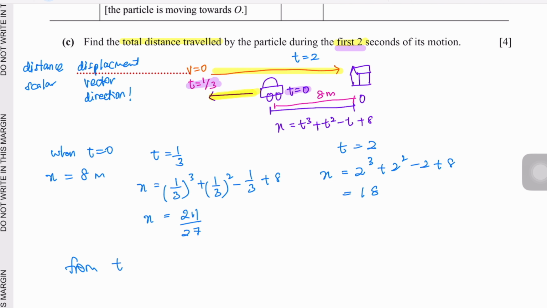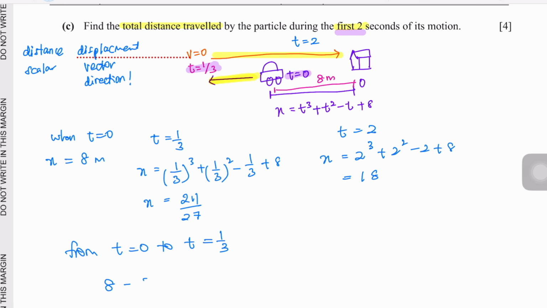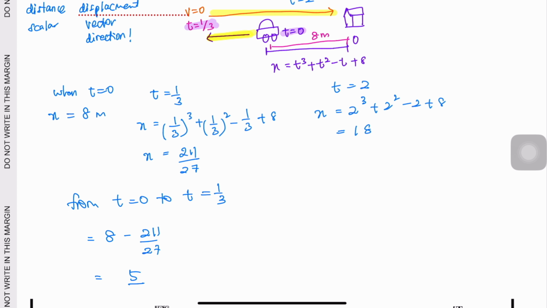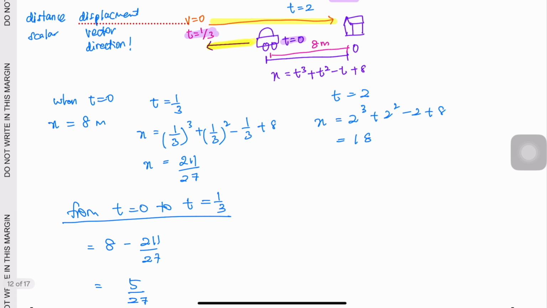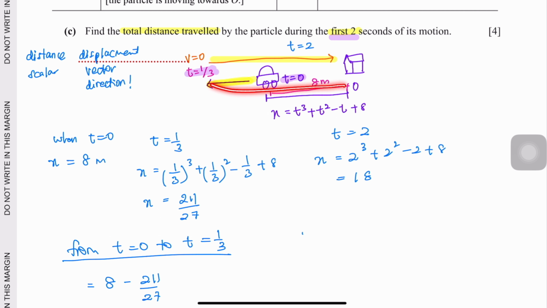From t equal to 0 to t equal to 1/3, 8 minus 211/27 gives 5/27. Let's do the second part right here, where we know that this total is going to be 18.